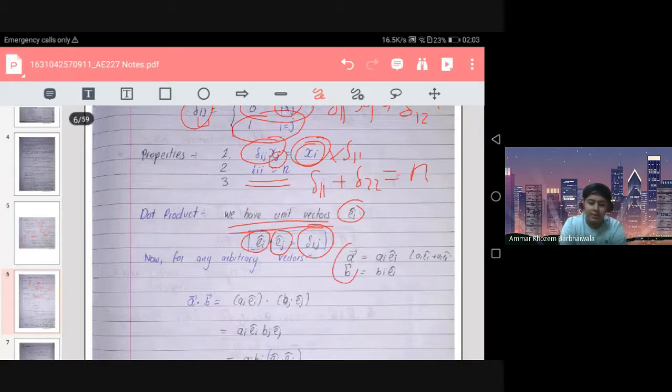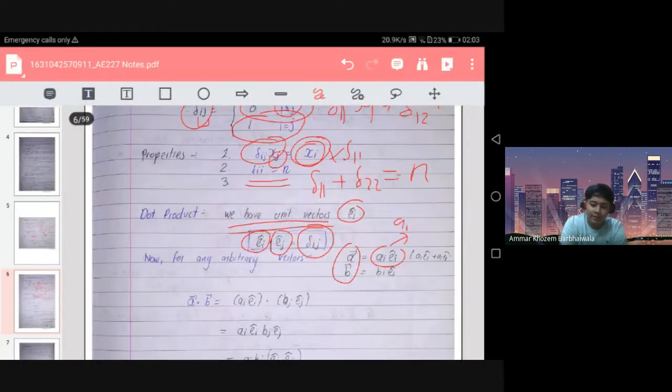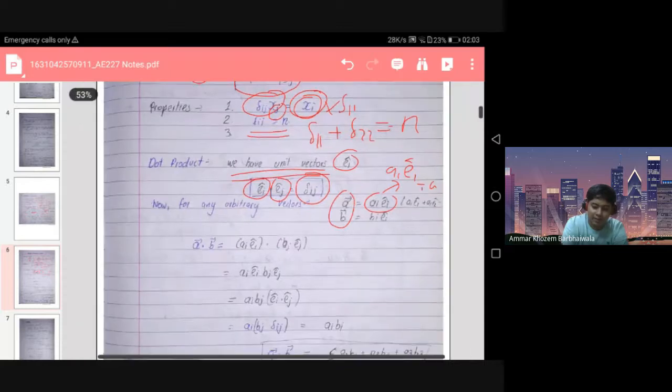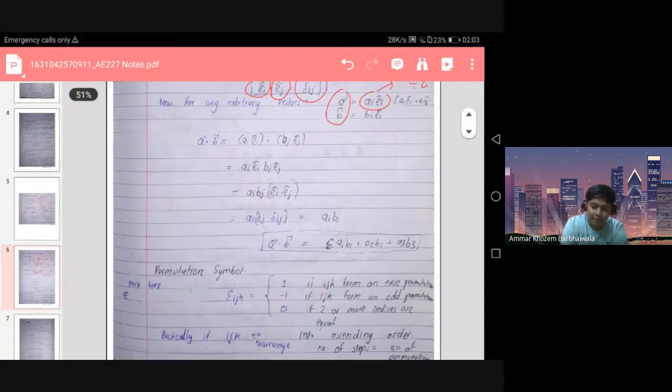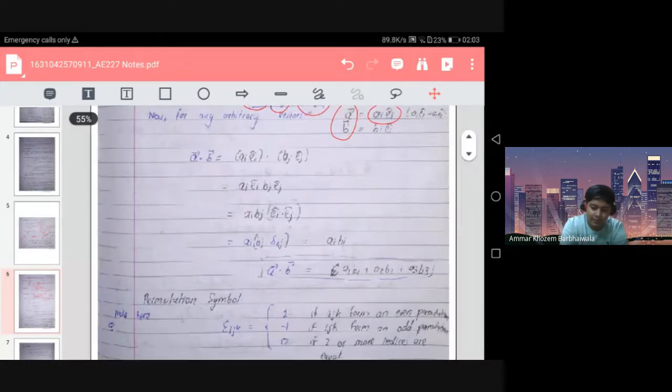So if I want to represent a vector A, I can write this as a_i e_i, and I can also write this as b_i e_i. This would imply A1 e1 cap plus A2 e2 cap, and so on. And I can then just write this as a dot product.